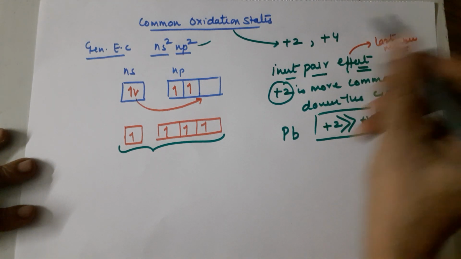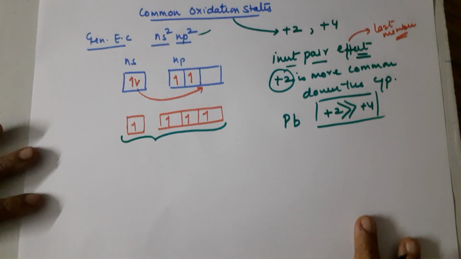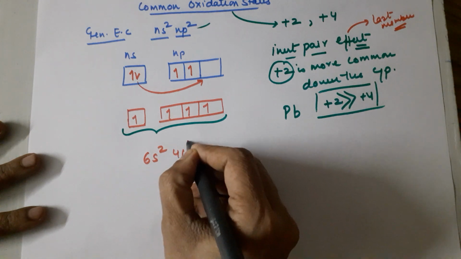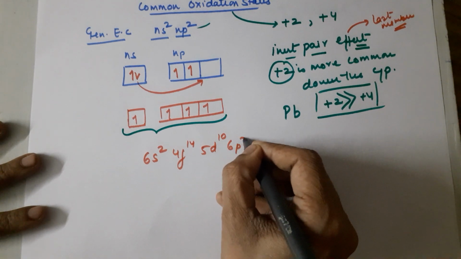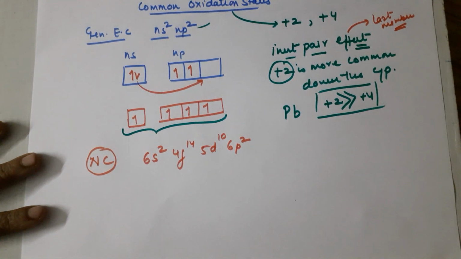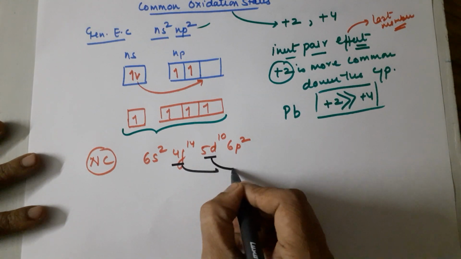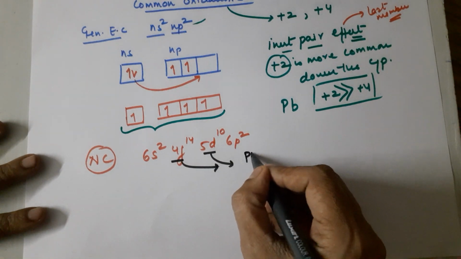I'll just give a quick recap. In case of lead, if you remember, the configuration of lead was 6s2, 4f14, 5d10 and 6p2, and here you have the nuclear charge. Due to the incorporation of 4f and 5d subshells in the last member, they show a poor shielding effect.